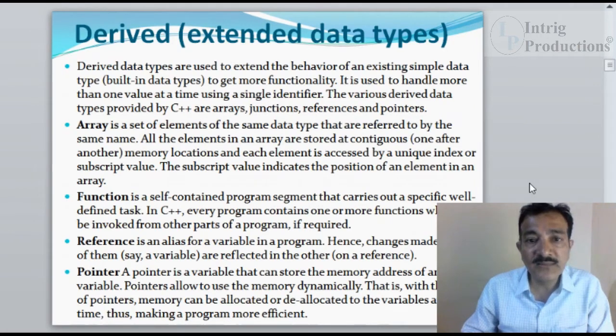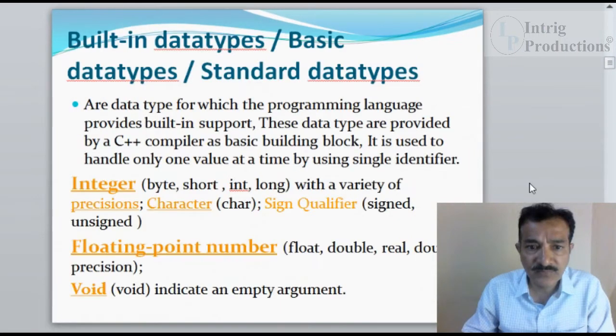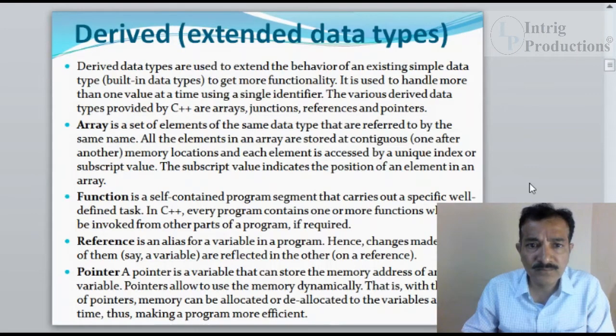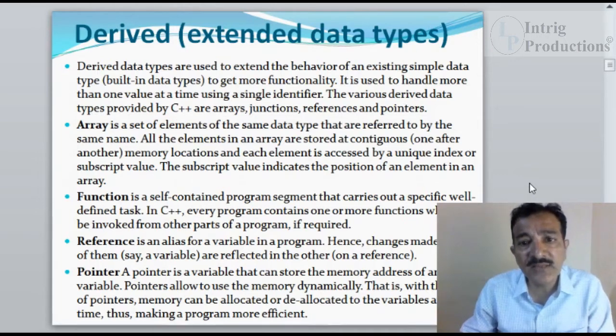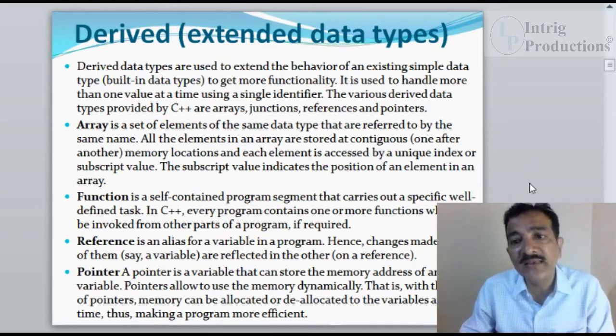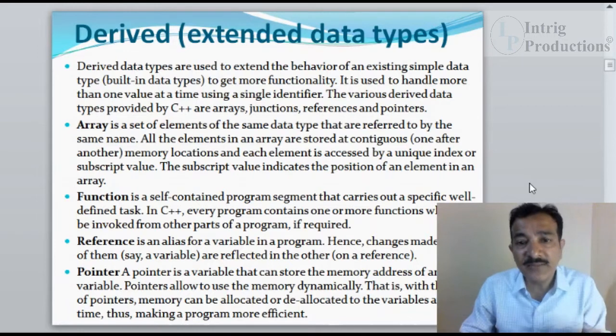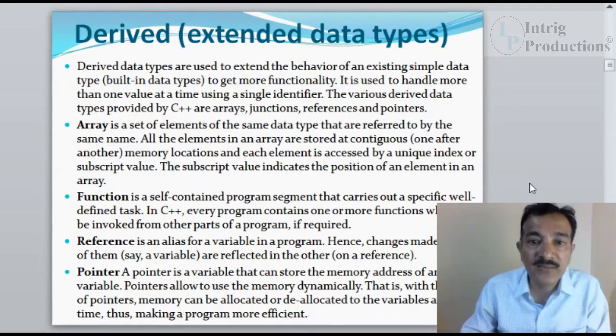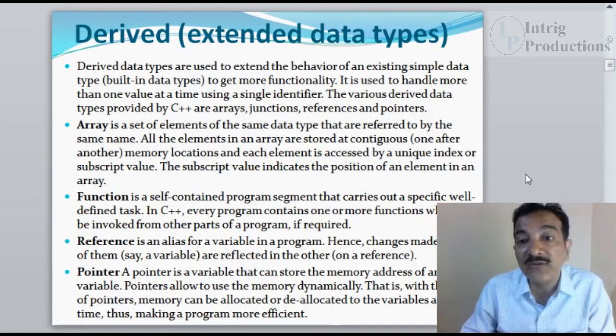The next one is the derived or extended data type. These derived data types are used to extend the behavior of the existing simple data types. These are also built into the system, so they are of the same type basically. Derived data types are used to extend the behavior of an existing simple data type to get more functionality.